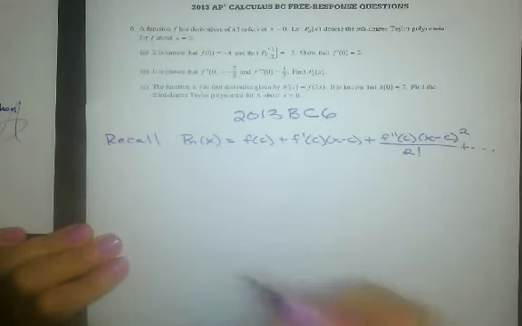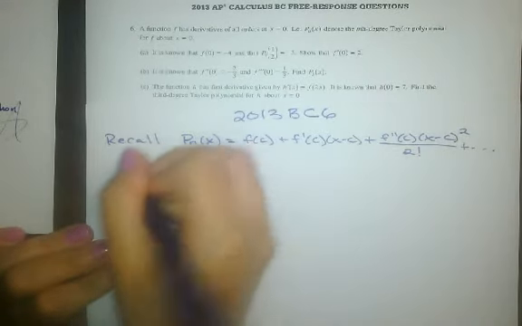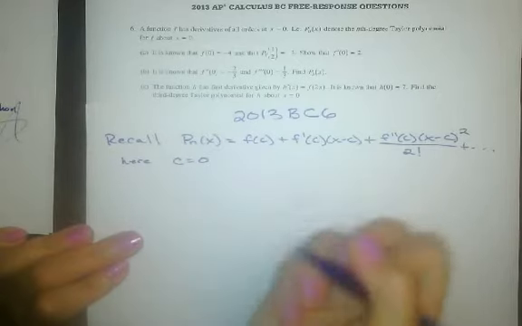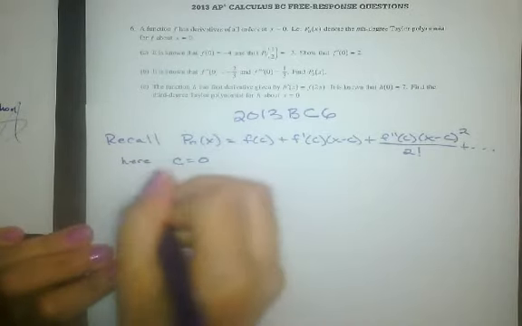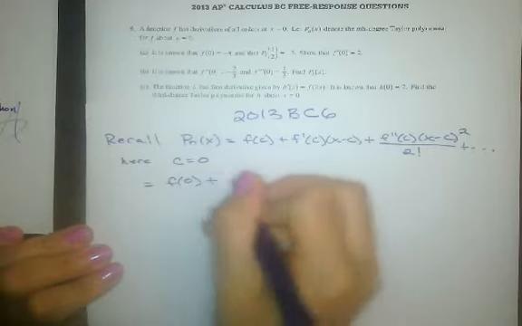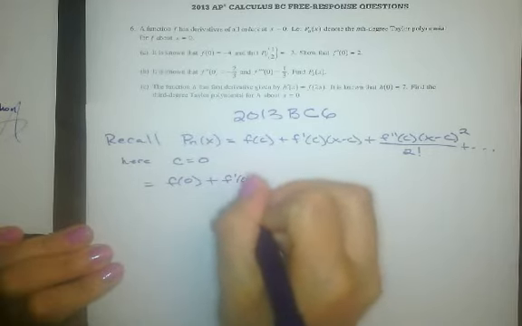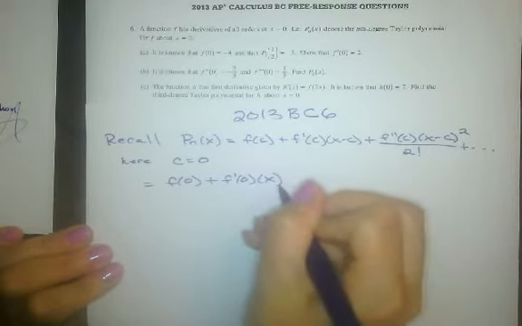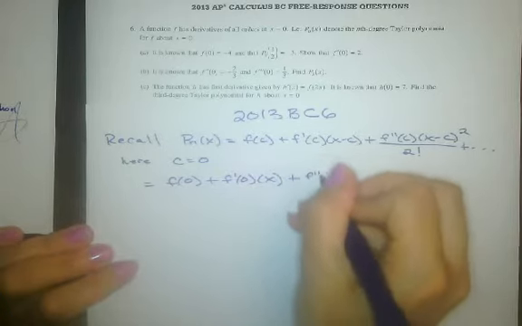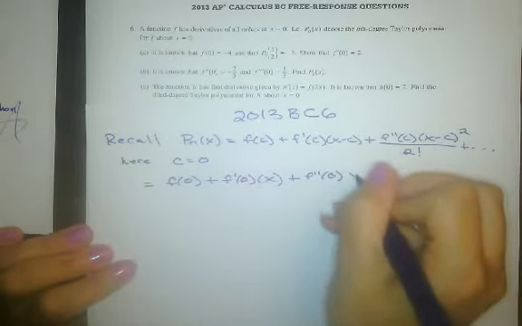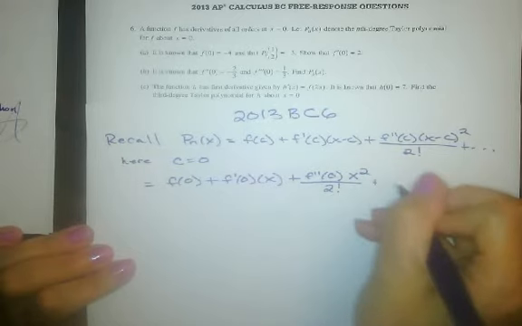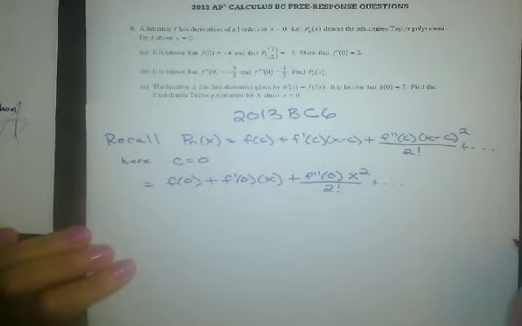In this problem, c equals 0, so we can do a little bit better. We're looking at something like f of 0 plus the derivative at 0 times x, plus the second derivative at 0 times x squared over 2 factorial, and so on.